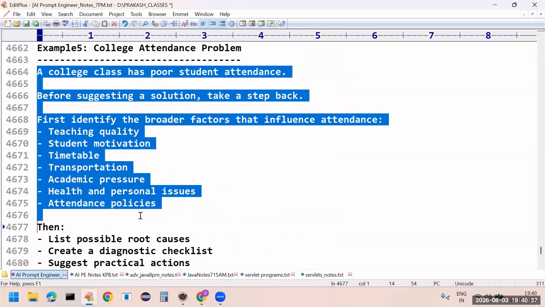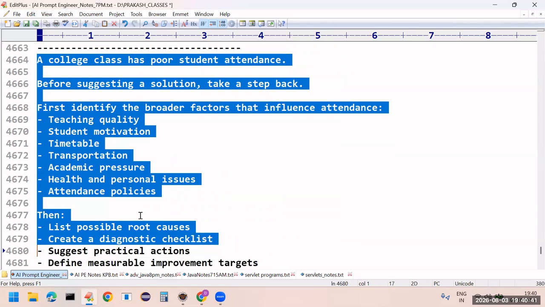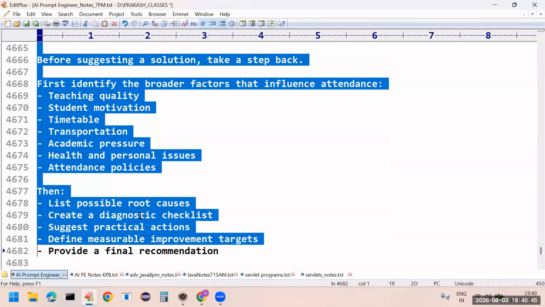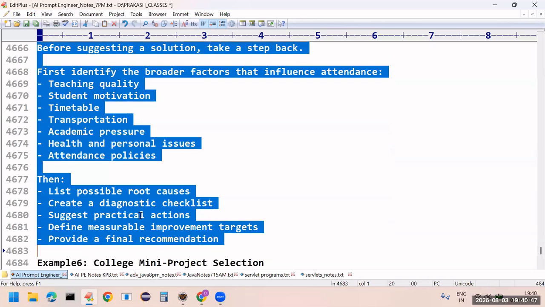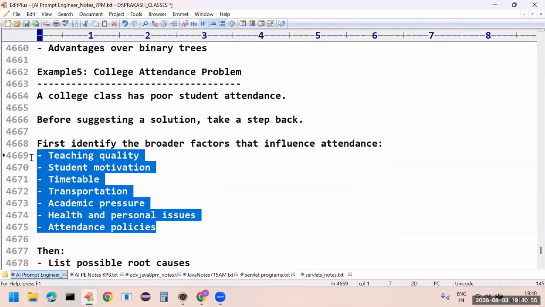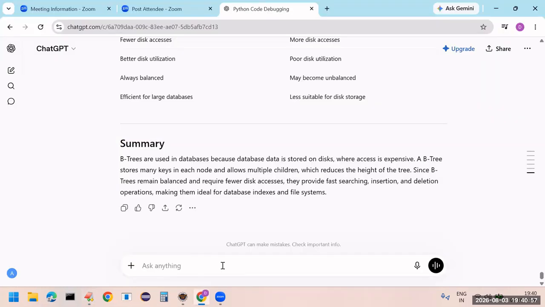First, look back at these things and then list possible root causes, create a diagnostic checklist, suggest practical actions, define measurable improvement targets, provide a final recommendation. So I need the improvement of attendance. For that, can you please go through all these things and then decide?